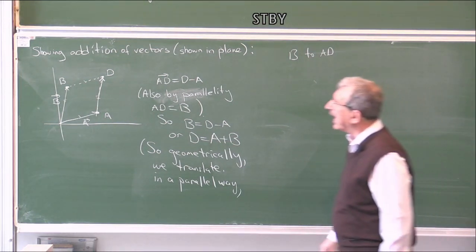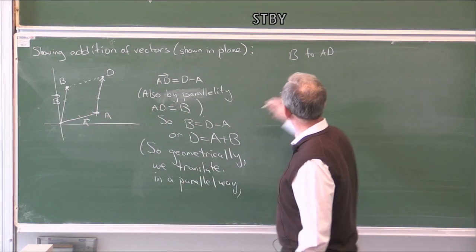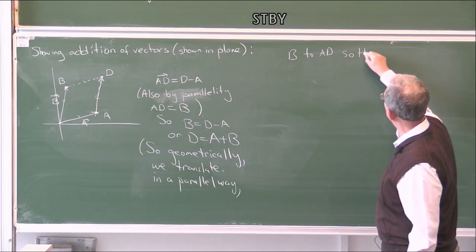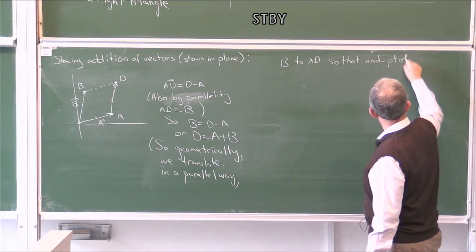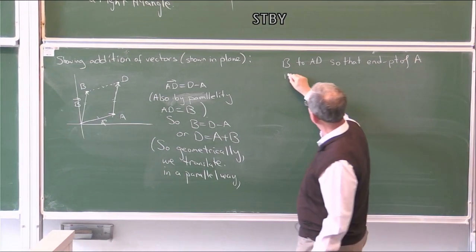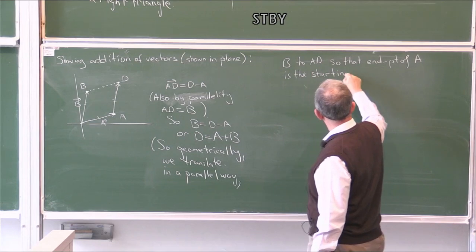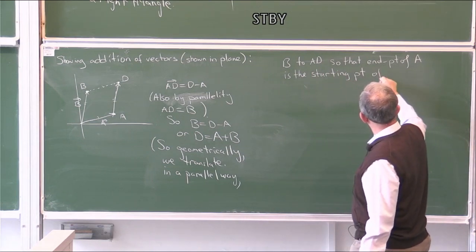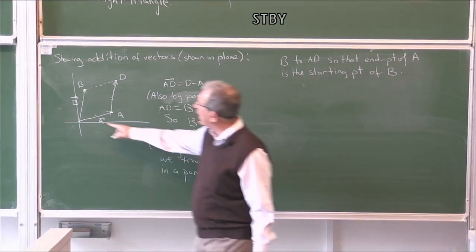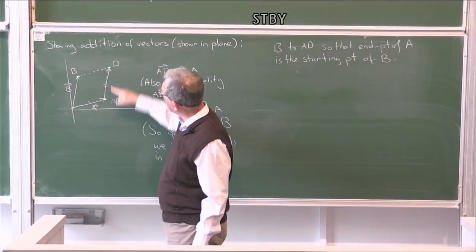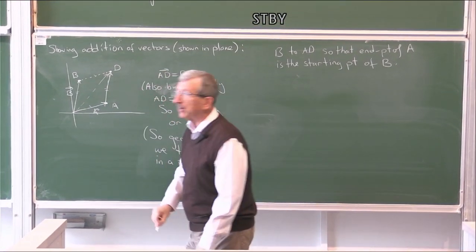This means that the endpoint of A becomes the starting point of B. Thus, if we have two arrows, 0 to A and A to D, it means the sum.